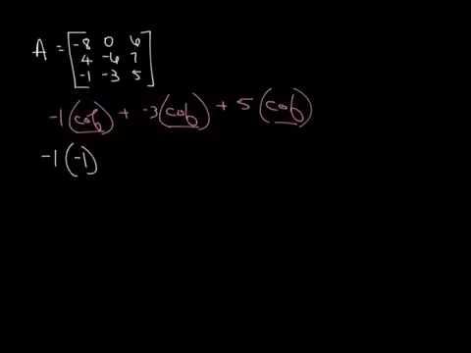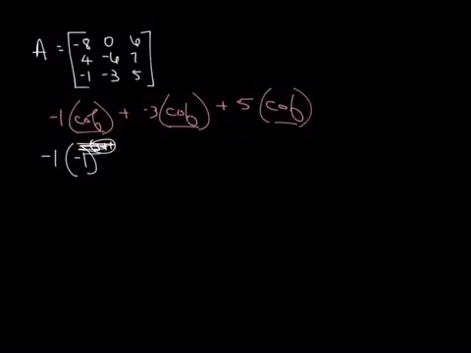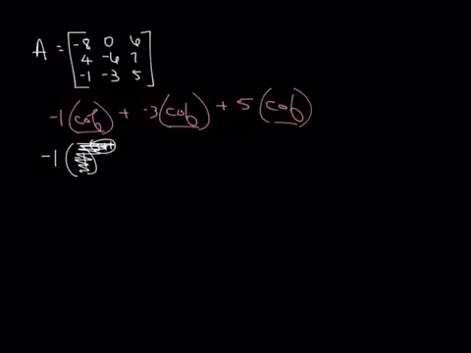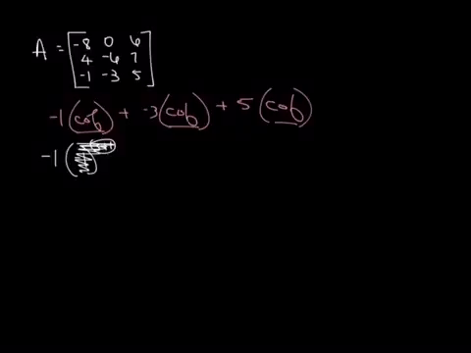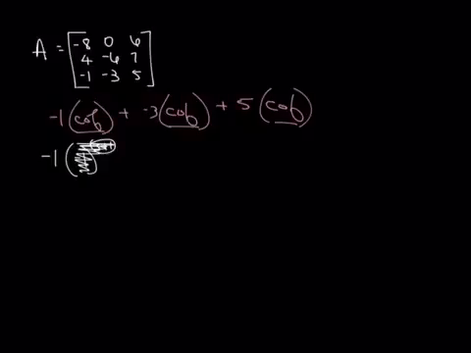Okay, and when we add those, we get an even number, so that means this doesn't matter. It is not going to make our minor change its sign. So if you get an even number, just realize nothing's going to change. Okay, so this negative 1 is still here because it's the element.